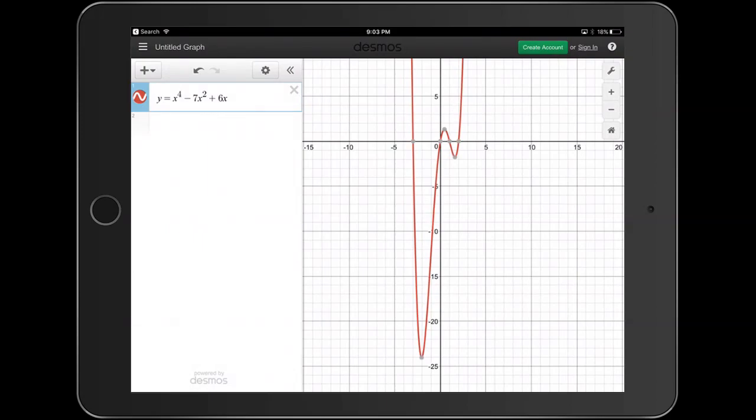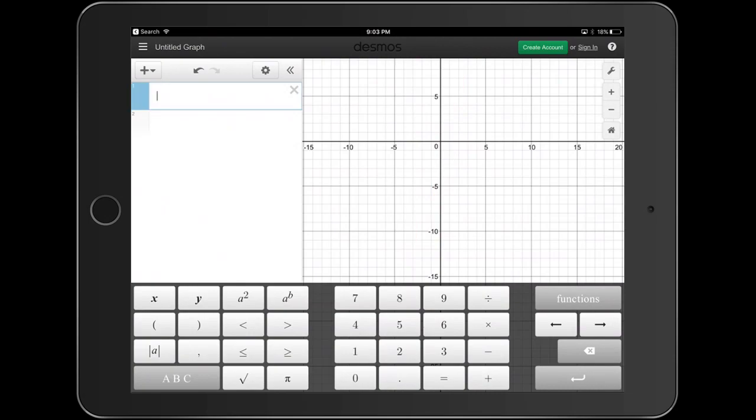I'm going to get rid of the one that we had before, and I'm going to put in parentheses x plus 3. I'm going to close that parenthesis, and I'm going to say divided by. Notice it automatically understands that it's in a denominator now. X minus 2. You've got to love this program. It's just so simplistic.